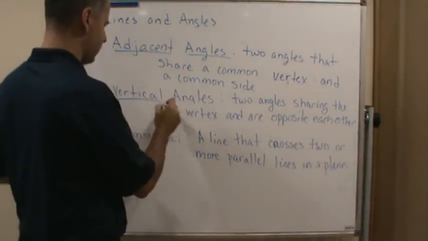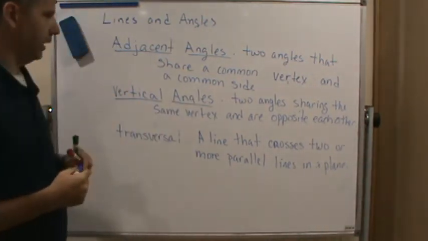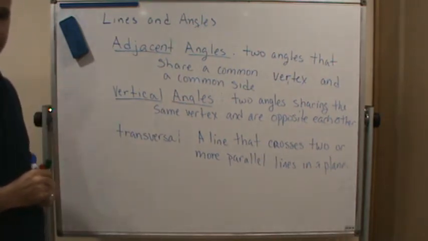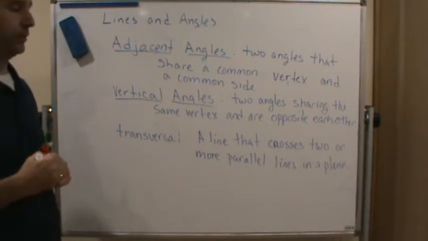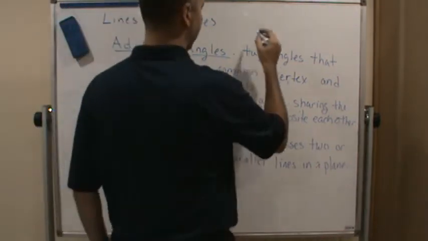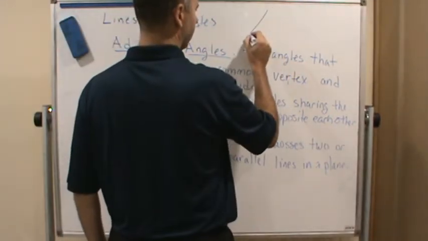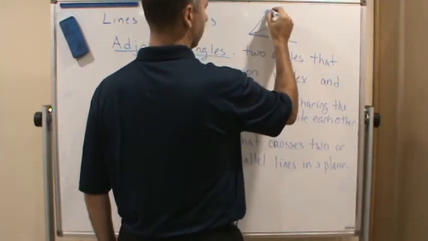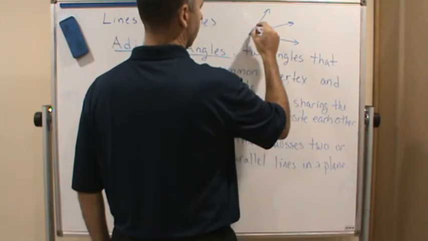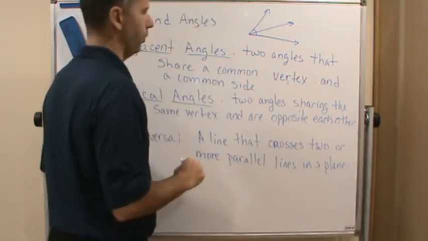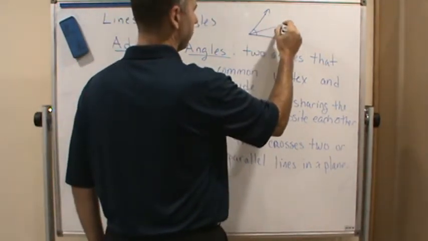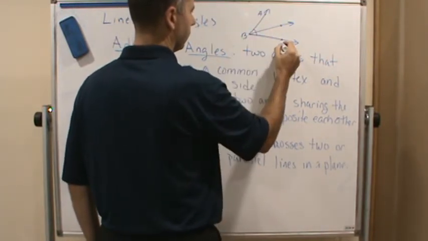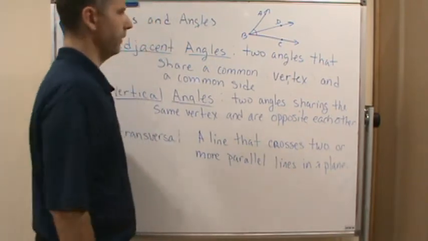So the first thing I want to talk about are adjacent angles. Adjacent angles are any two angles that share a common vertex and a common side. And we've seen some of those. So if I draw a figure like this, right? So let's say we have this.